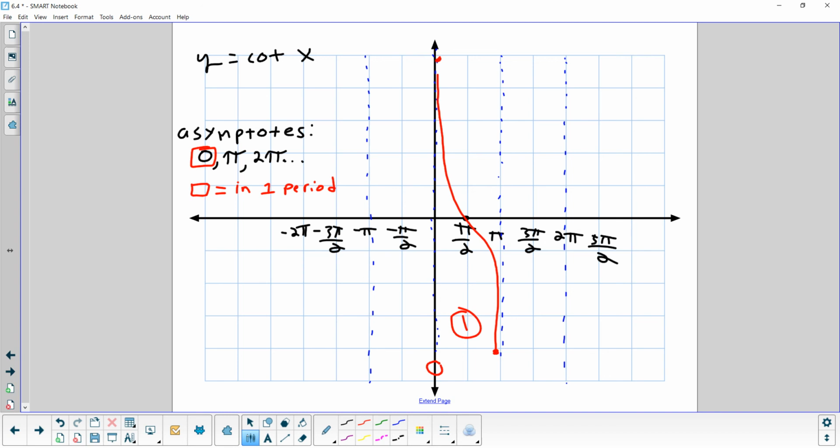This blue line is at 0. This blue line is at 180. The difference between 0 and 180 is 180. Okay, so cotangent has the same period as tangent. It cycles every 180 degrees naturally, without any transformations. Okay, questions on that?